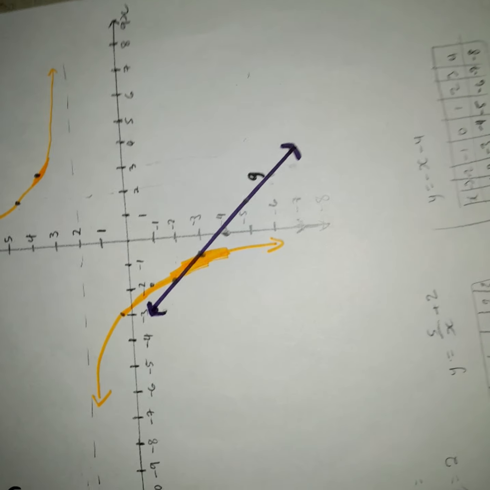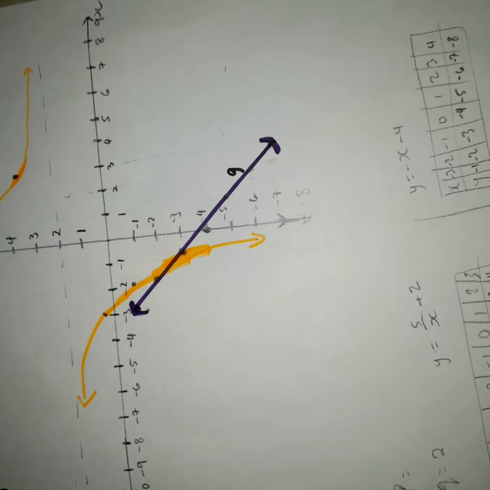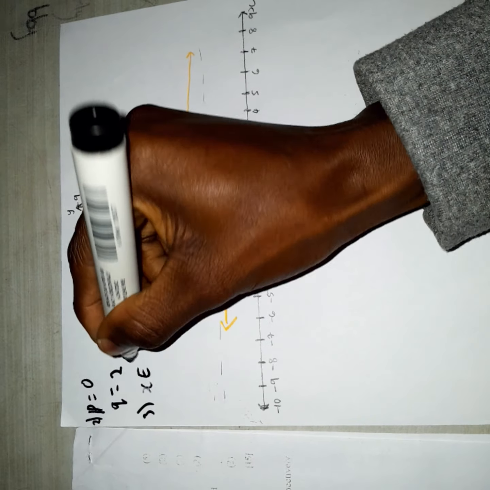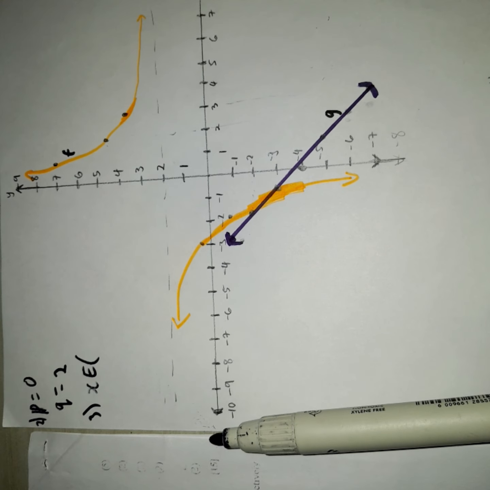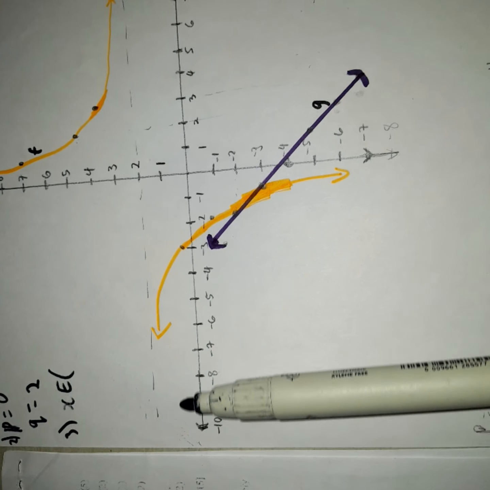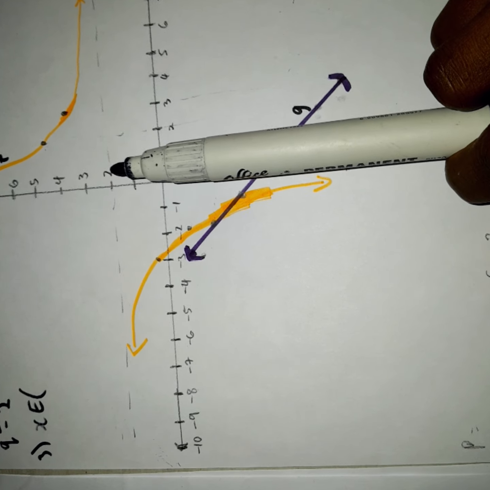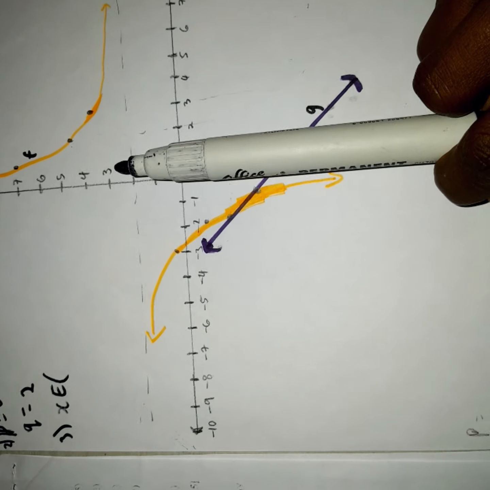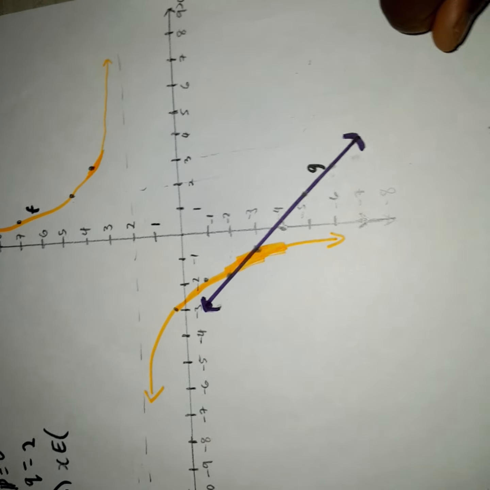So remember, when we're looking for the domain of the graph of f, take a look at this. From the negative x-axis, we don't know which point, so that's why we say the negative x-axis. Then here at the axis, you can see it doesn't cross over the axis. So it will cut here at 0, and then it will continue on the side going to the positive x-axis.